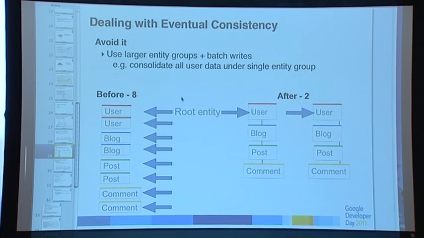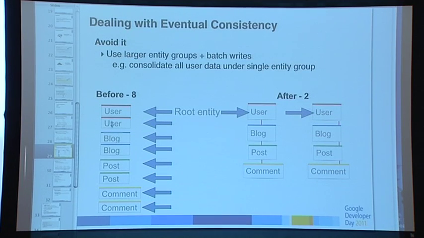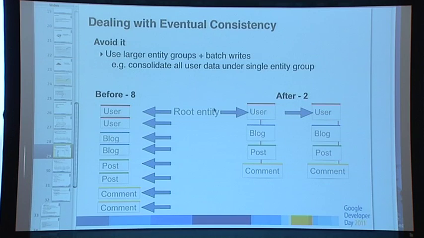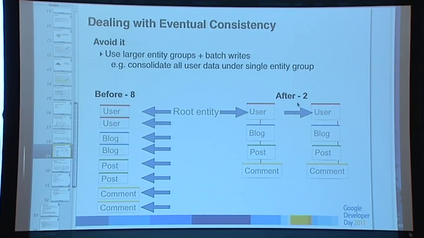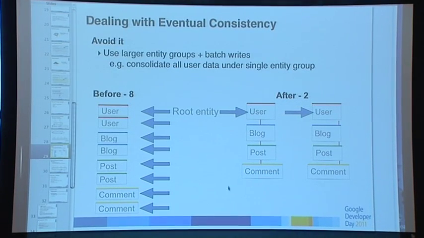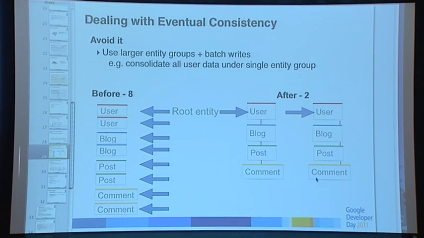You can create the hierarchy, create parents. On the left-hand side, we had 8 root entities that were standalone with no parents. And we changed the data on the right-hand side to say, yeah, there's 2 users and everything falls underneath that user. One user has a blog, one user has a post, one user a comment. So we created 2 different entity groups. And now we have an easier way of organizing the data.